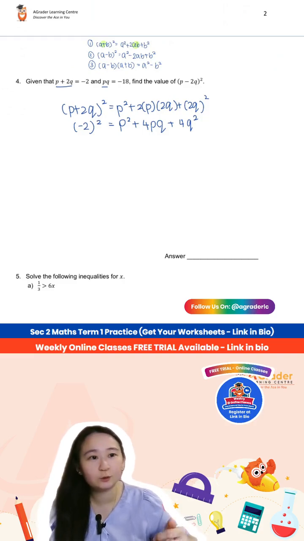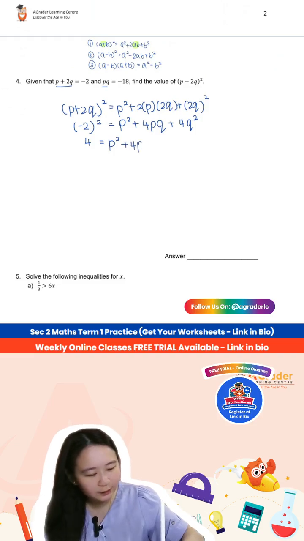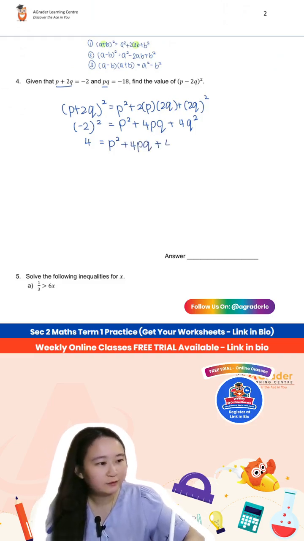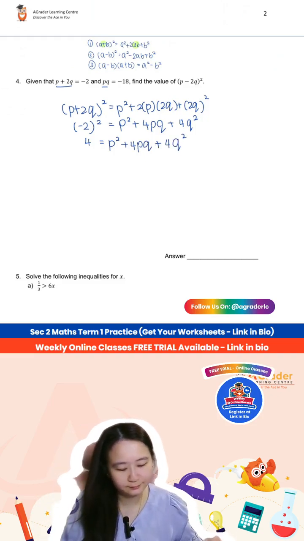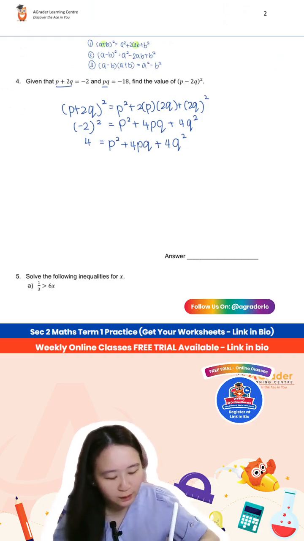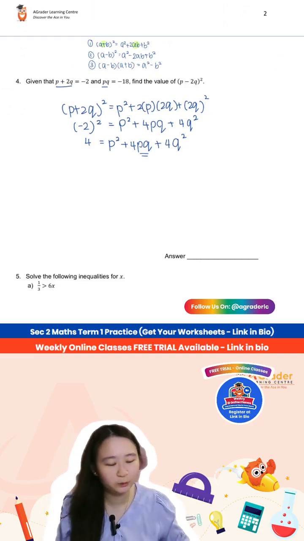Okay, so negative 2 squared, we have 4. 4 equals p squared plus 4pq plus 4q squared. And then we know our pq is negative 18. So we can replace this with negative 18.